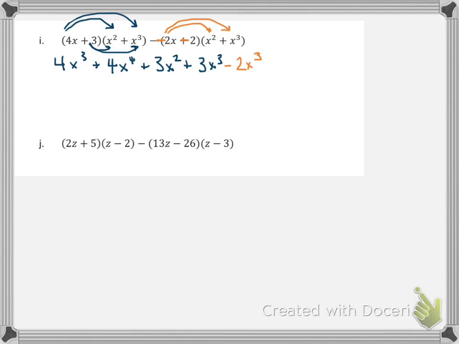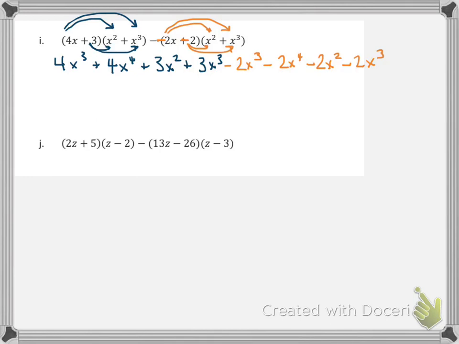Negative 2x times x cubed would be a negative 2x to the fourth. And then the negative 2 times x squared would be a negative 2x squared. And a negative 2 times x to the third would be a negative 2x to the third.